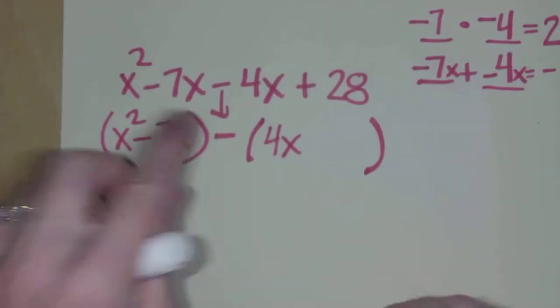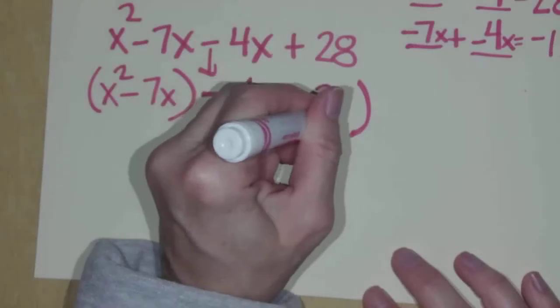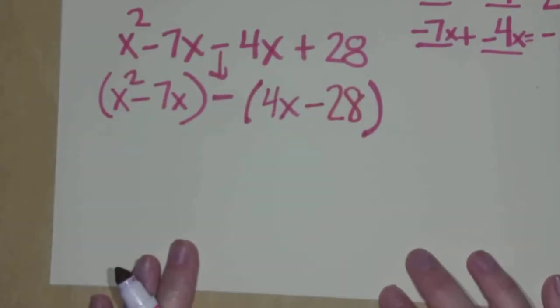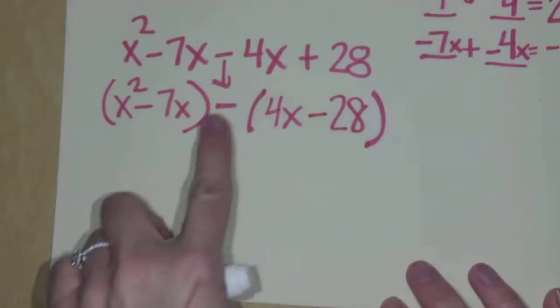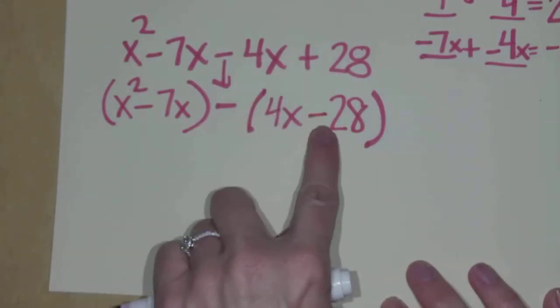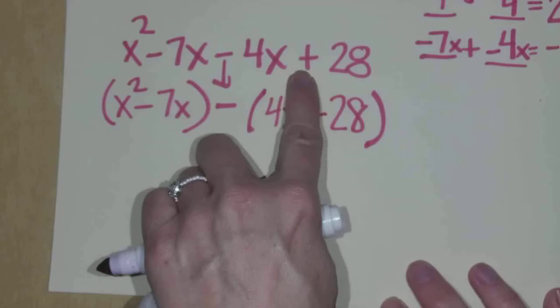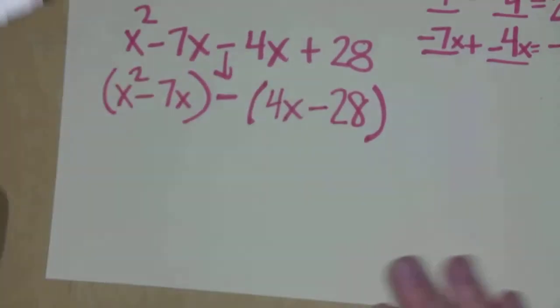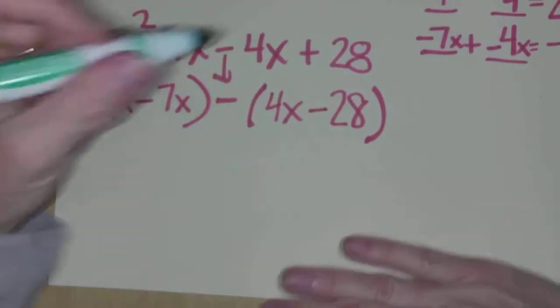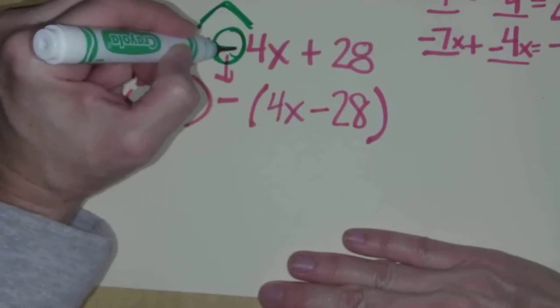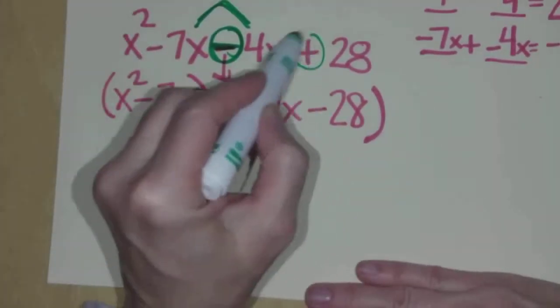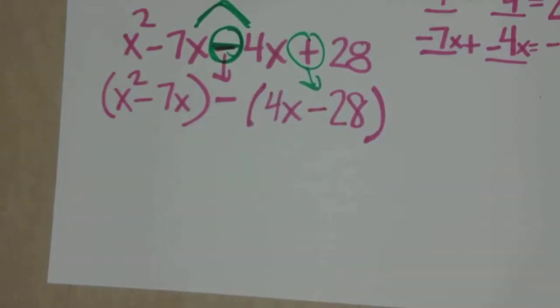So watch what I'm going to do here. Negative times 4x is negative 4x. Negative times negative 28 takes me back to positive 28. So I always say when this sign right here in between these two like terms is a negative, you're going to have to change that sign in the back. You'll get used to that as you do it.